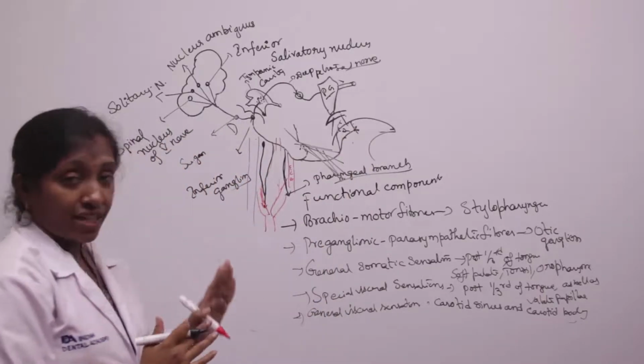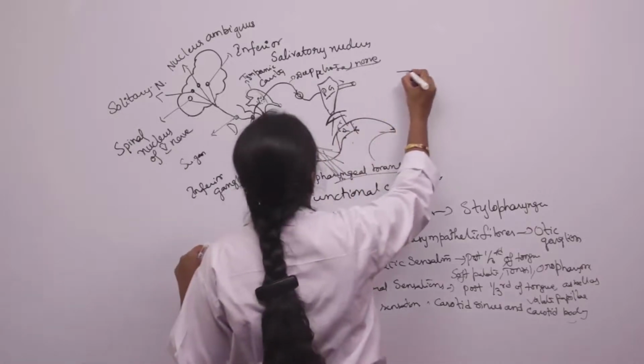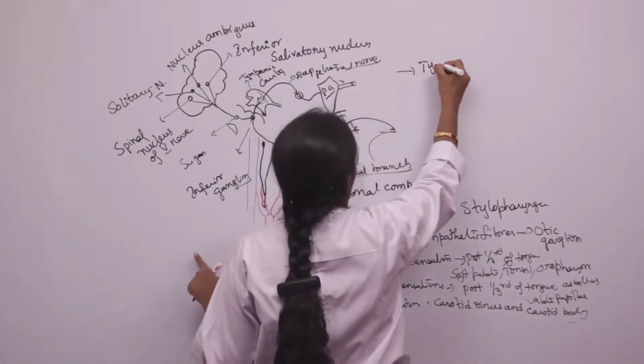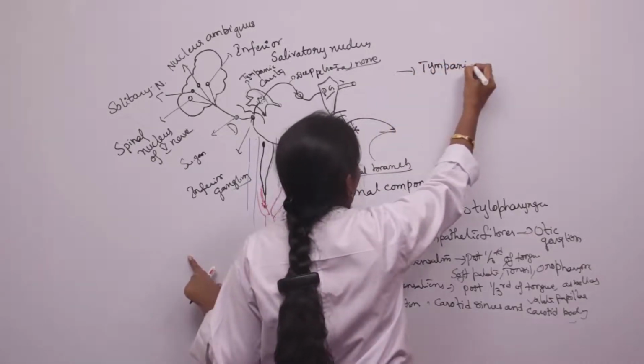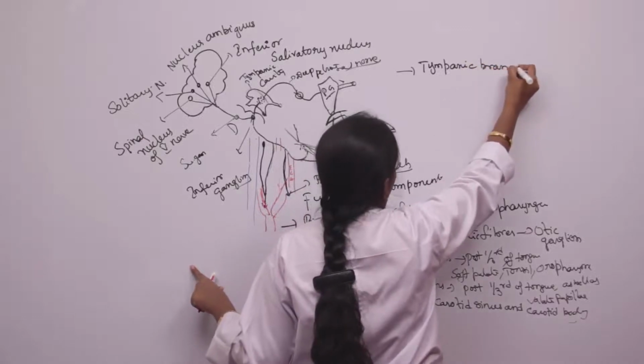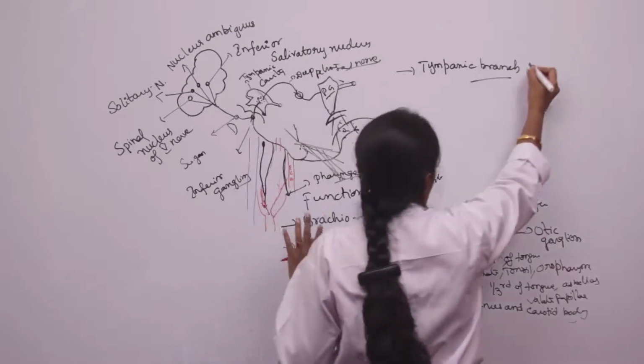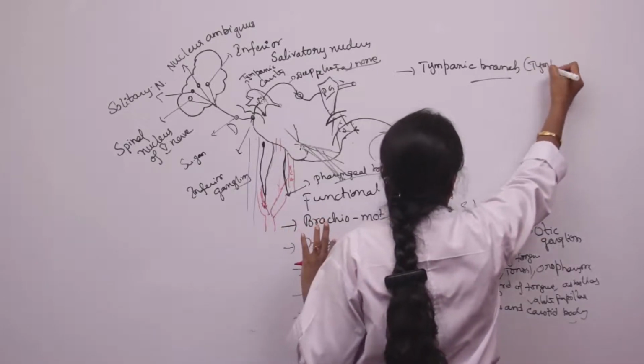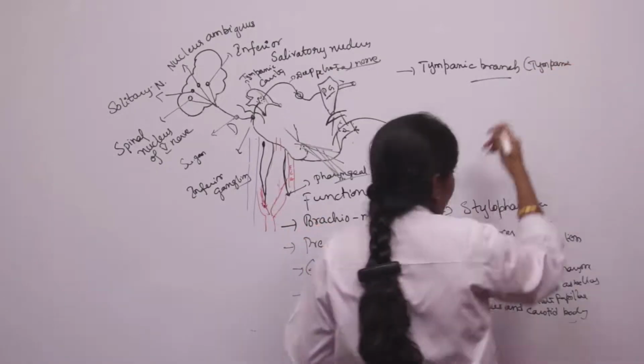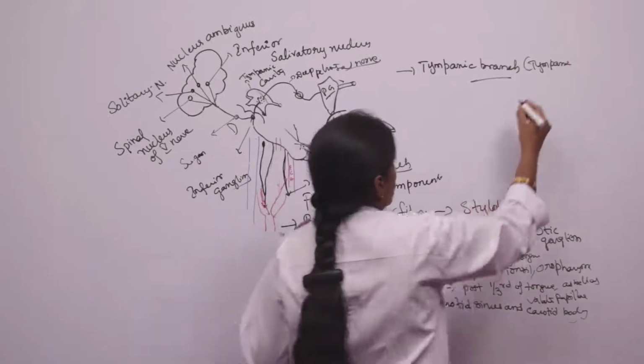So what are the branches from the glossopharyngeal nerve? One is the tympanic branch, which forms the tympanic plexus in the middle ear cavity along with the vagus as well as the sympathetic nerves.